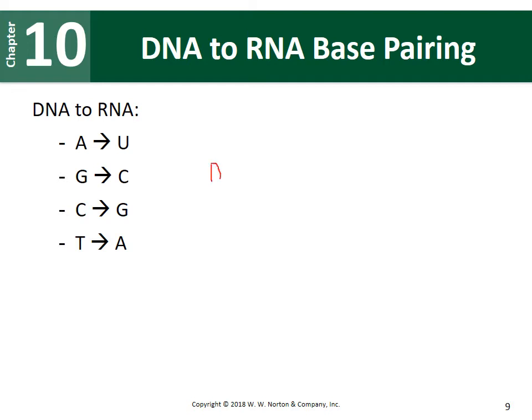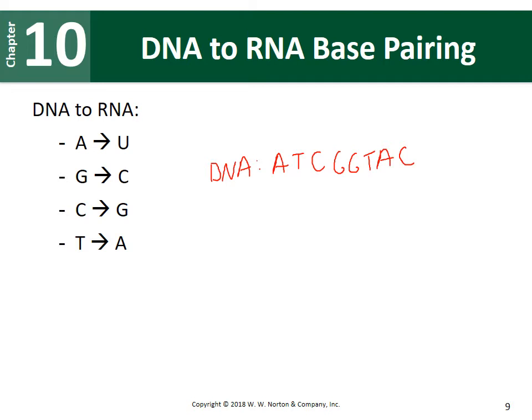So if we have a DNA molecule, so here we have a DNA molecule A, T, C, G, G, T, A, C.